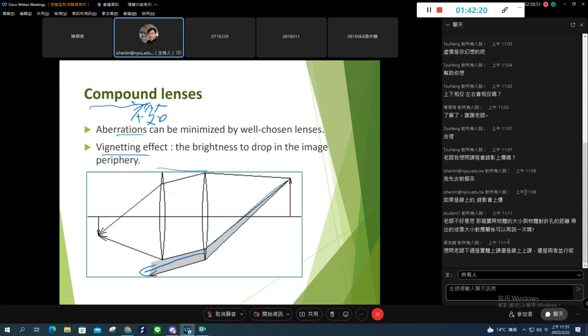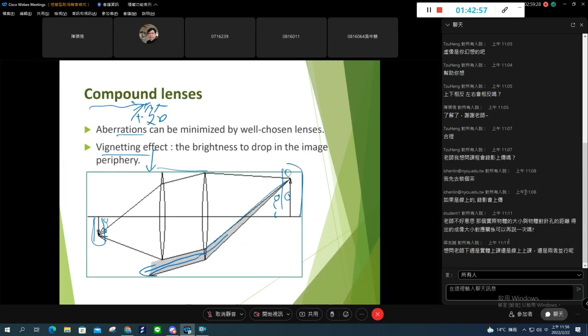Therefore, for instance, here's a tree and here's the projected tree. All the trees at the border of your lens or your scope will have their brightness dropped significantly, because a large portion of the light is not captured by the following lens.